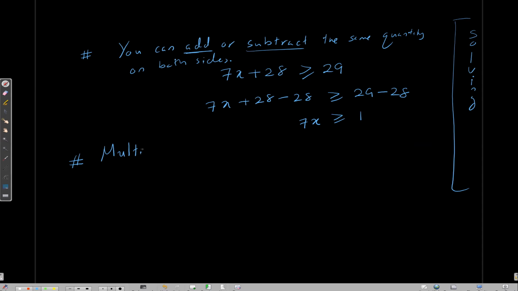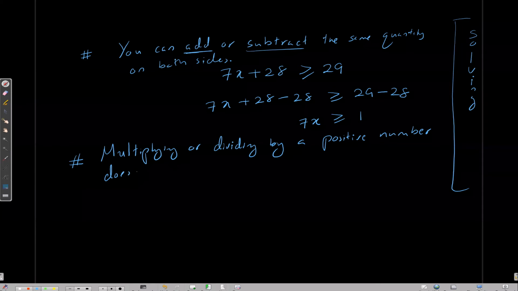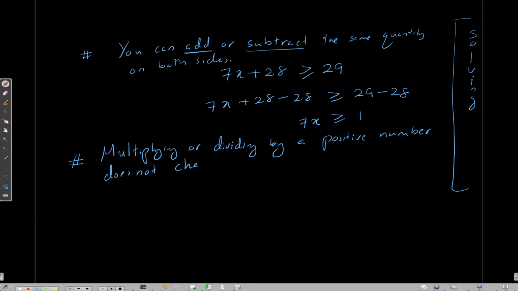Multiplying or dividing by a positive number does not change the inequality.